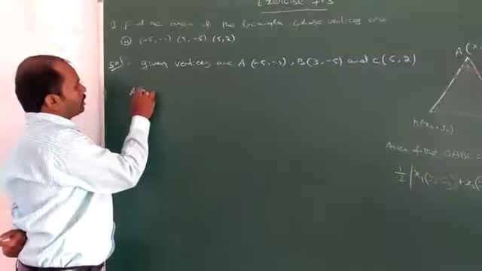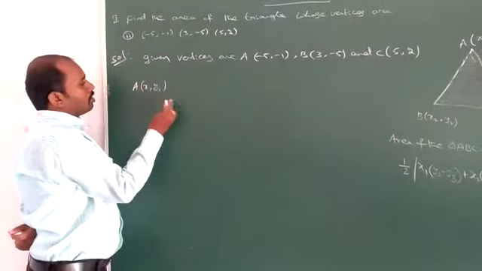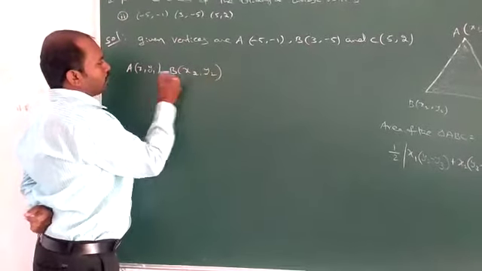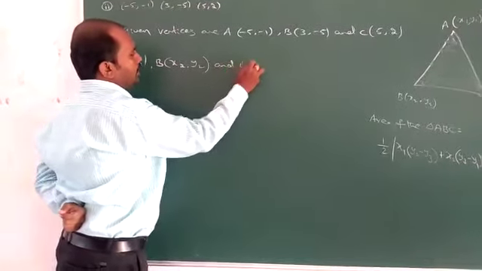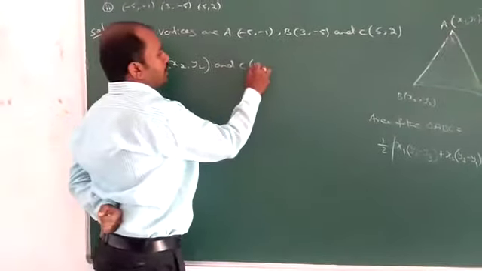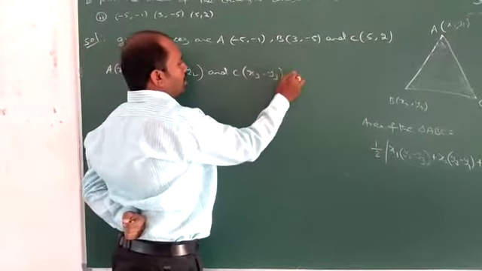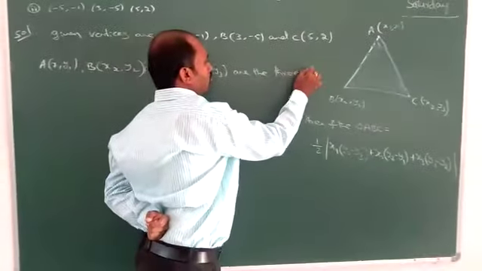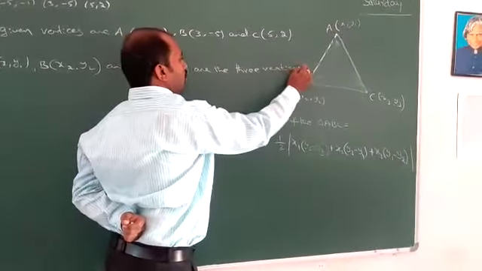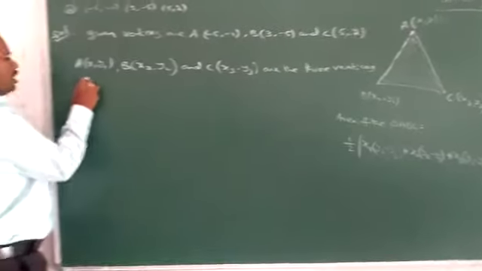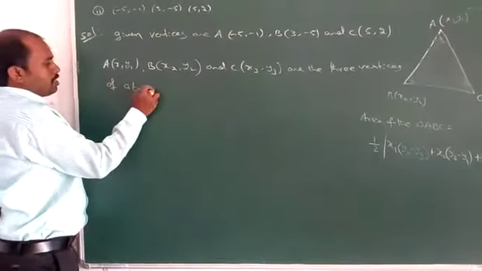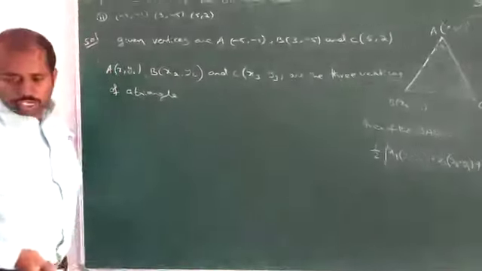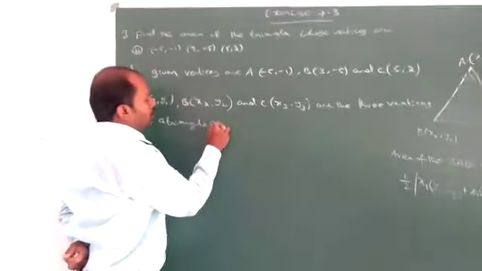First A x1 y1, next vertex B x2 y2, and third one C x3 y3 are the three vertices of triangle ABC.